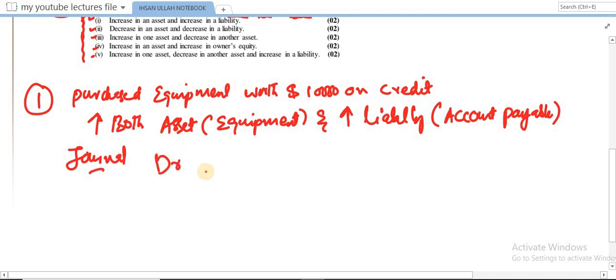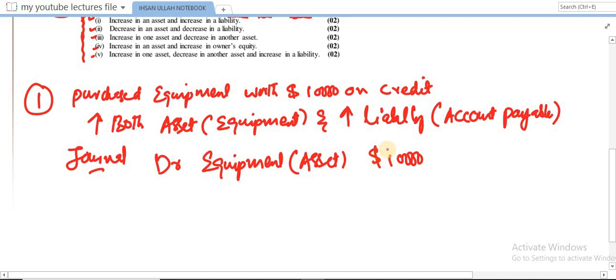The debit will be your equipment, and that equipment is your asset, and that will be 10,000. As for Pakistan, we'll use Rs.